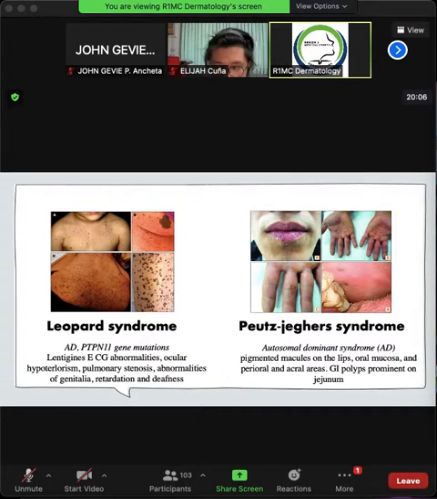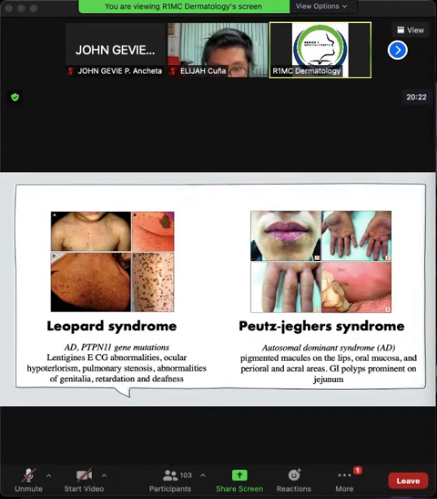So for your LEOPARD syndrome, it is actually autosomal dominant, and this is actually a mnemonic acronym for LEOPARD.